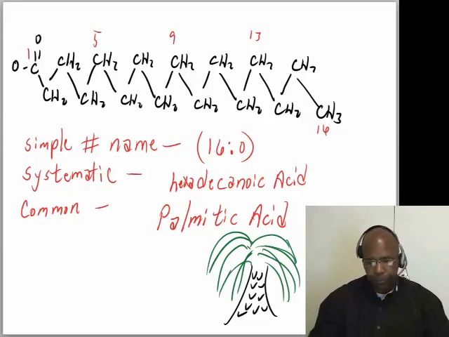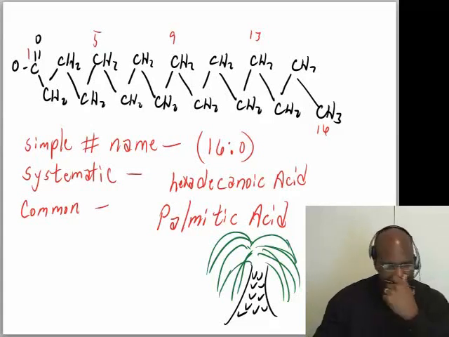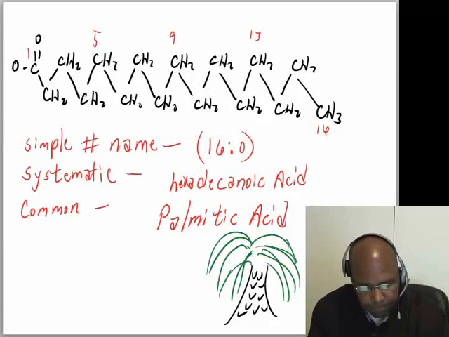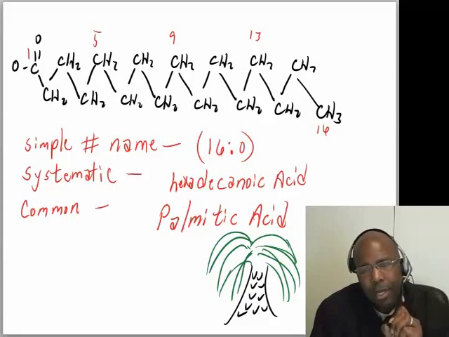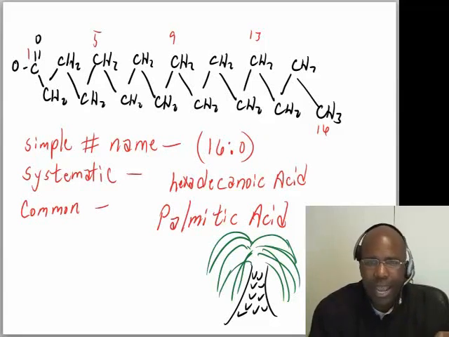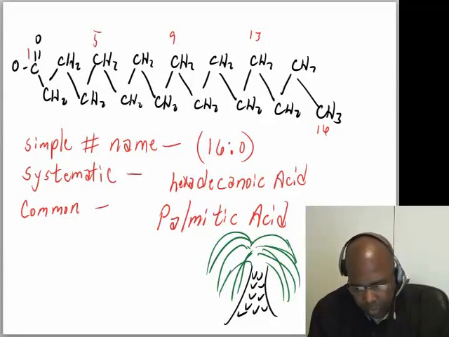Anything else I want to say about this one? Oh, if you were to look at this fatty acid here, notice that every carbon in the long hydrocarbon portion is filled with hydrogens. You can't add any more hydrogens because this carbon has all 4 of its bonds.